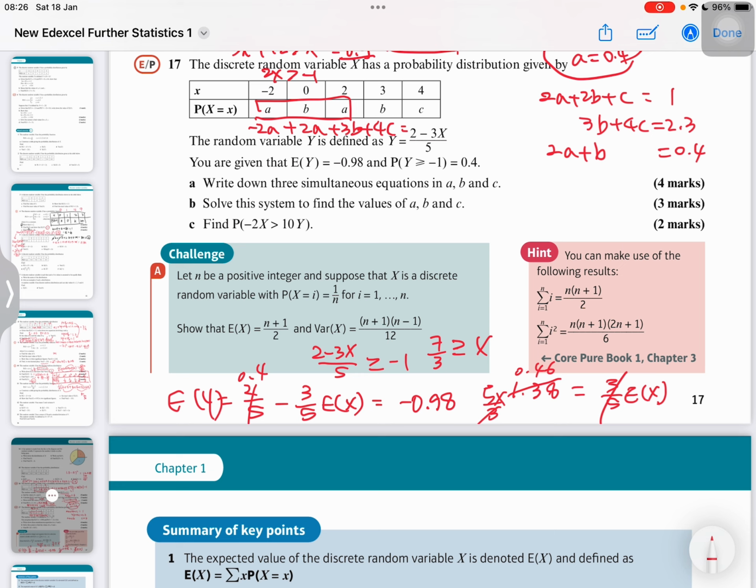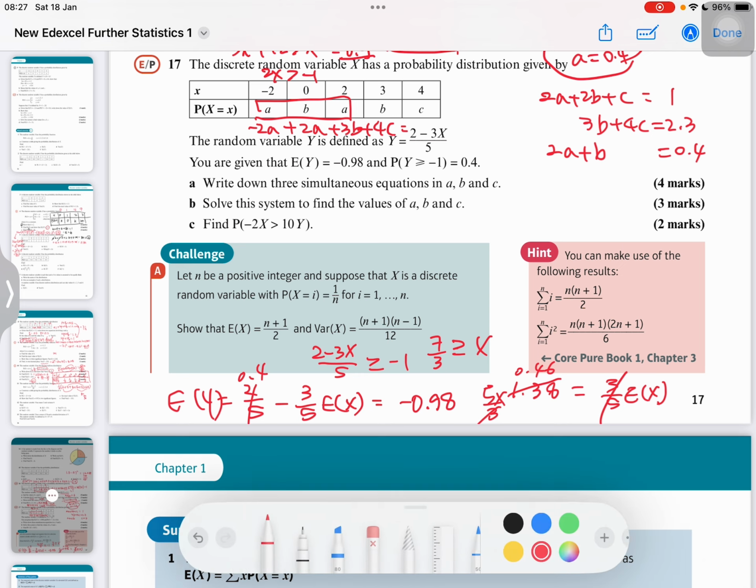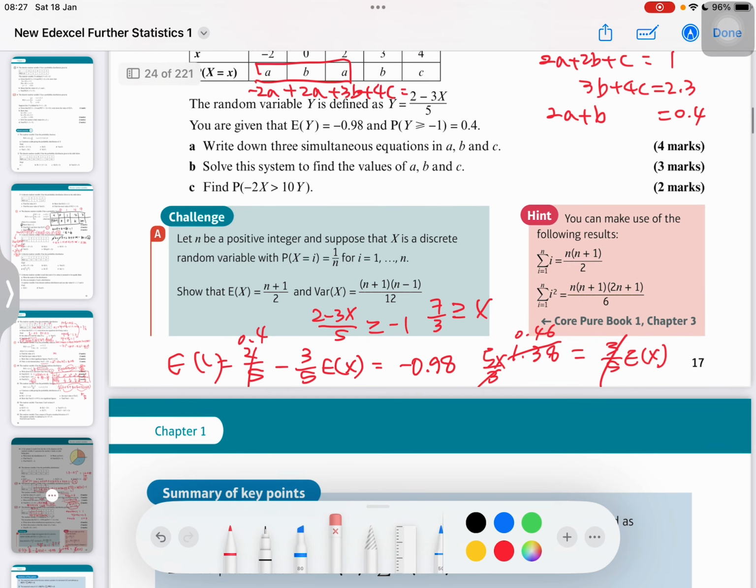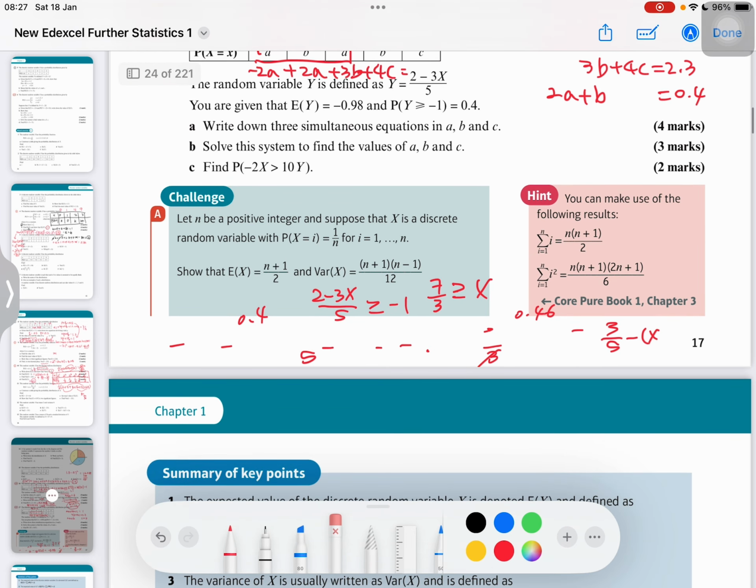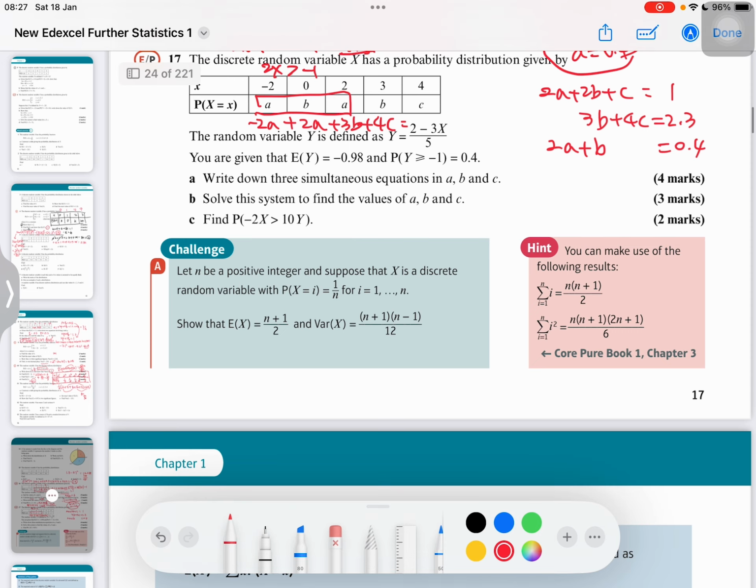Let's solve this out. Since we have 3 unknown variables and 3 equations, we can find the answers. Let me subtract equation 1 minus 3. So b plus c equals 0.6.